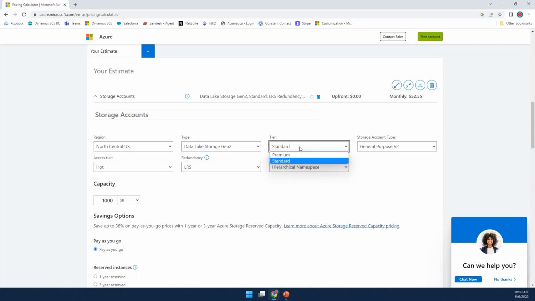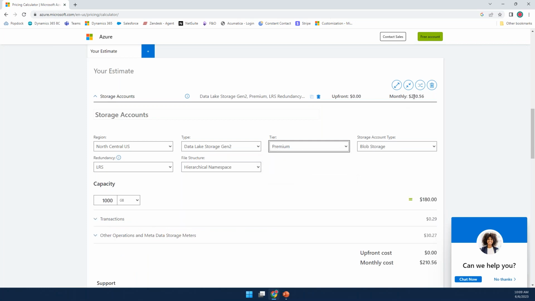Now, this is the first thing that actually would move the needle. We have a standard and a premium tier. If I go from standard to premium, you'll see that jumps pretty drastically, from 52 to 210 in this case.